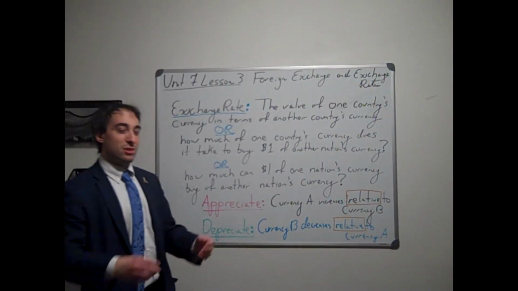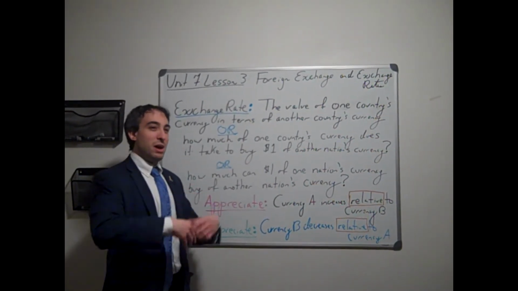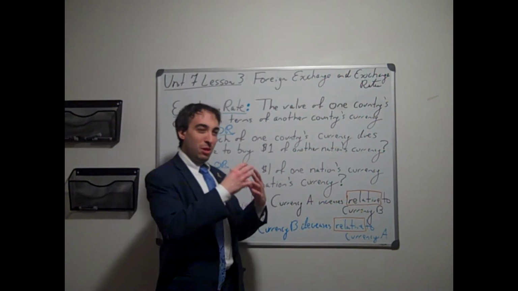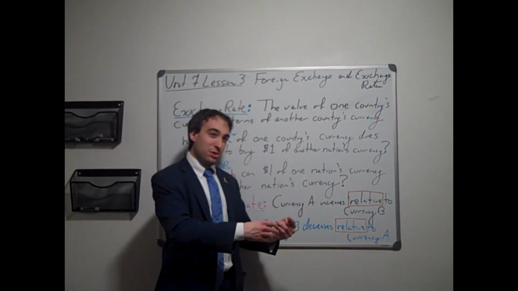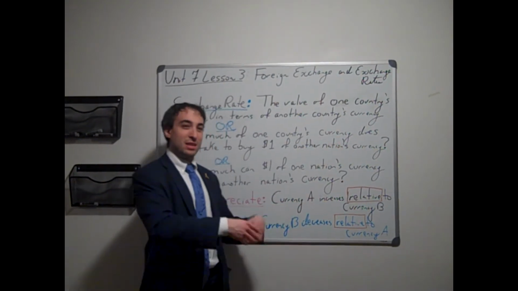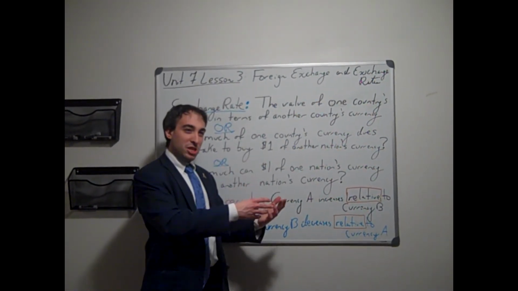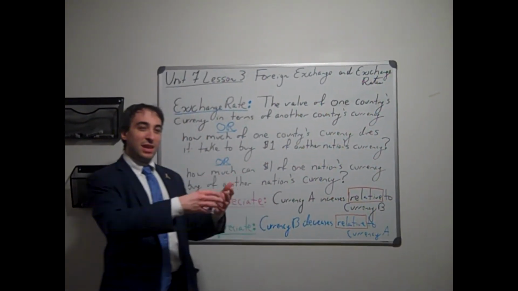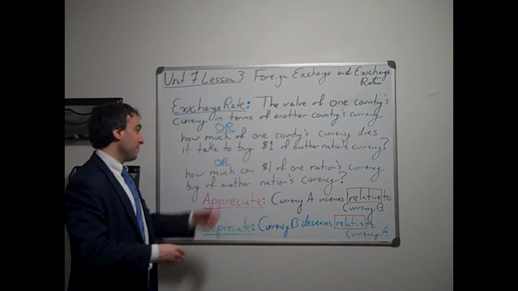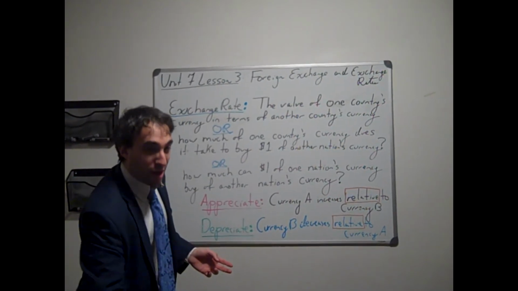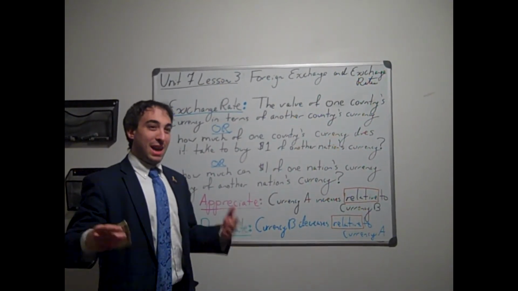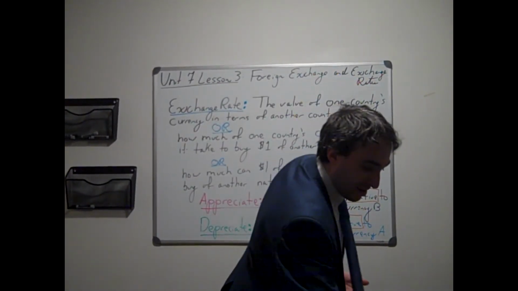When it took $2 American dollars to buy one pound sterling, the American dollar was depreciated against the pound sterling, or you could say that the pound sterling was appreciated against the American dollar. Inversely, you could also say that $1 American dollar can buy a lot of another currency.